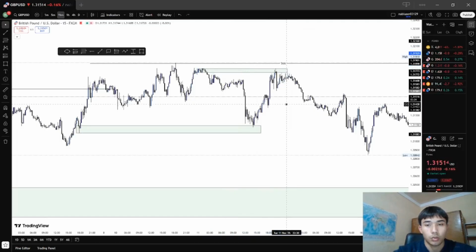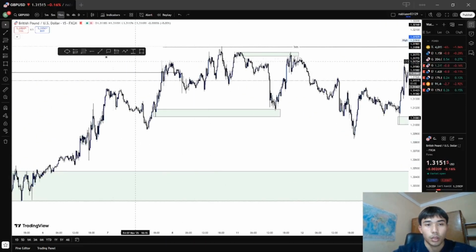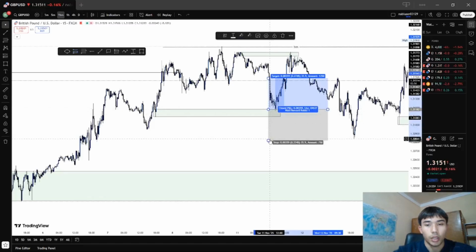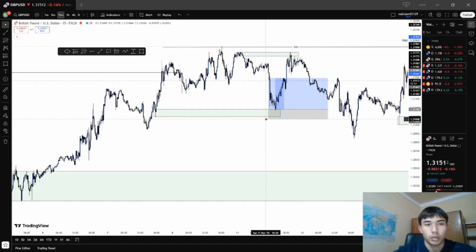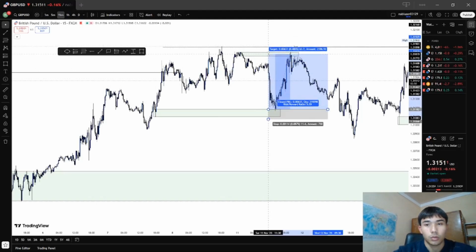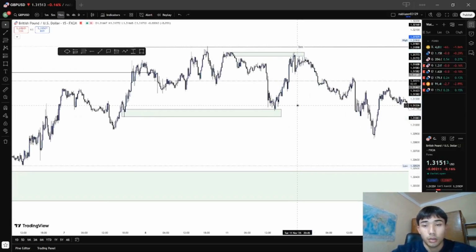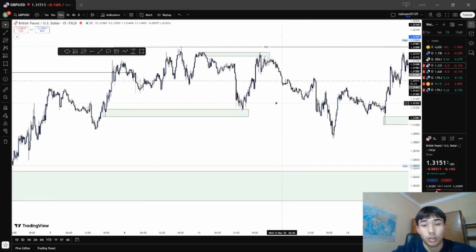It respected. So if we had entered here, we could have made a really good profit. 1 to 5.5 is the reward, which is not bad. Which is really good. So this is how it works.